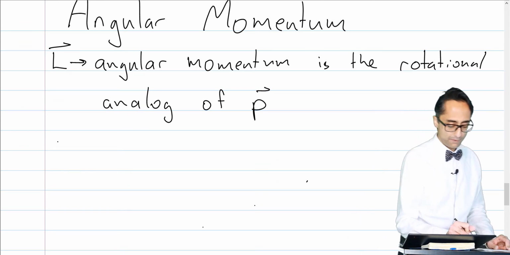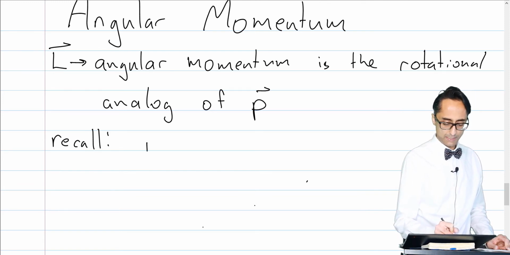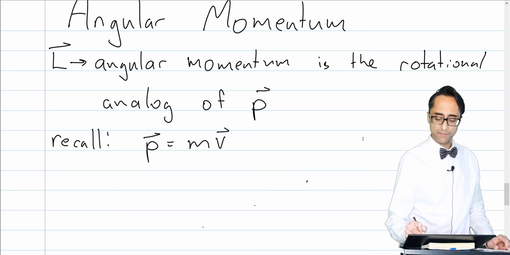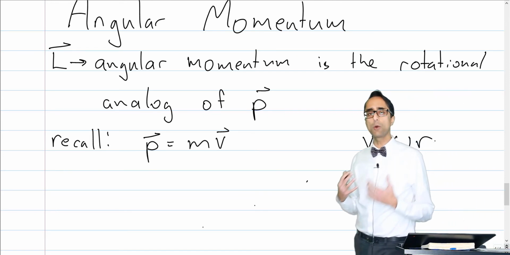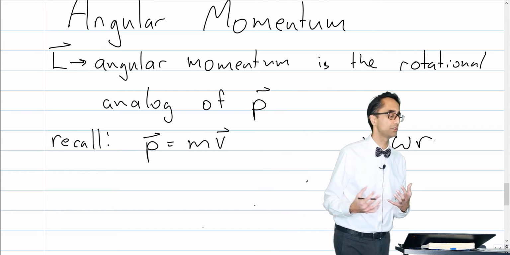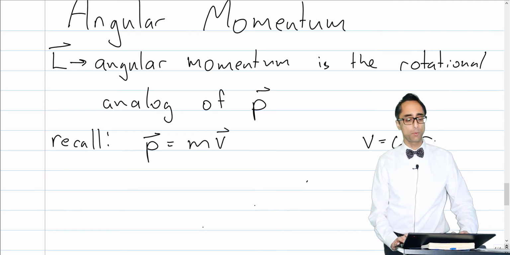Because remember that P is equal to mass times velocity. And we also have that v equals omega times r. And so that's going to help us get to the point where we can put those together to come up with an equation for our angular momentum.